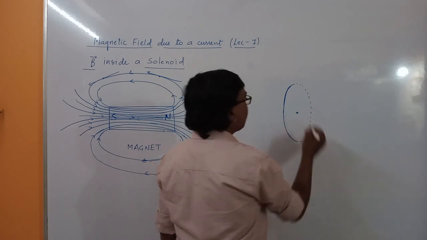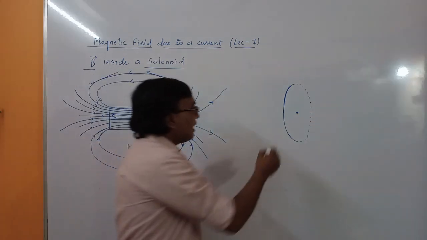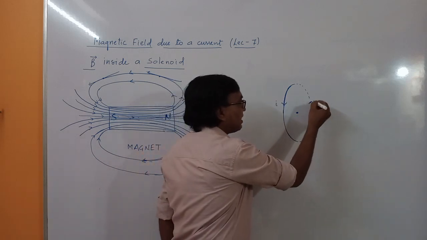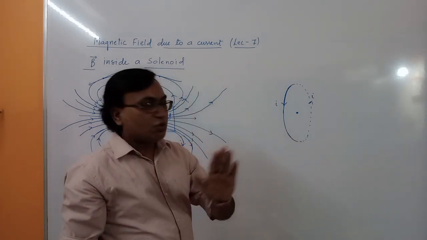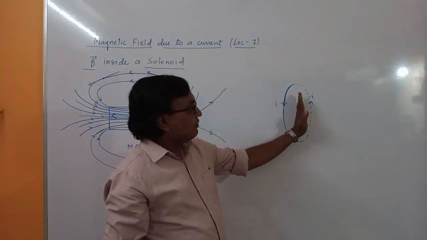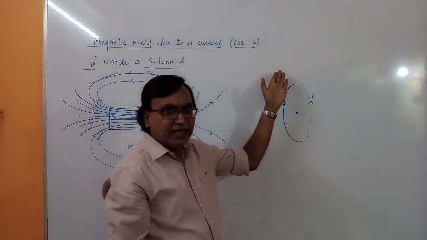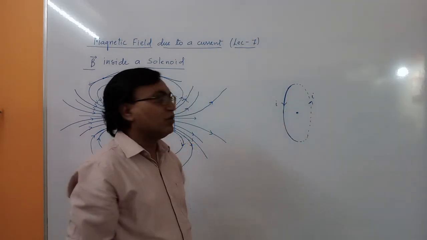Let us say this is the center of the circular loop, and it is carrying a current in this direction. So this is the current direction. Now this loop is perpendicular to the plane of this board. So this curve is behind the board, this is in front of the board.